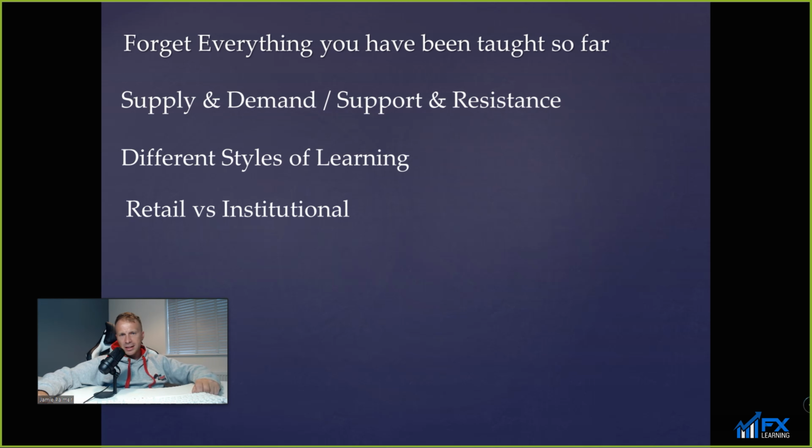Now, what I want to be able to teach you is to be able to see these key levels here, and these key levels here, and these key levels here. Because these levels are where the institutionals are coming into play. Here, here, and here.